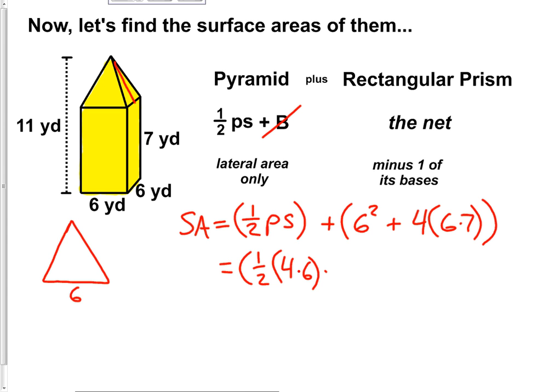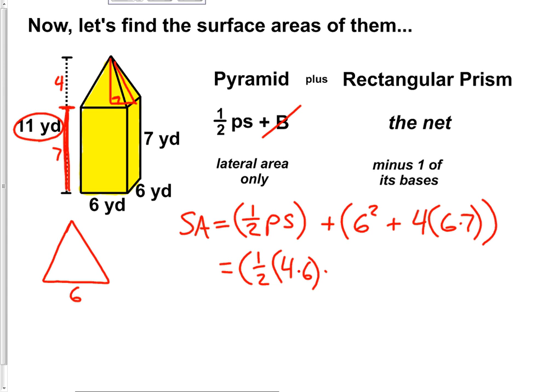I don't have any other information about this triangle other than inside of the pyramid. We can probably figure out what's going on with the height inside of there. We know that on this measurement right there, we have 7 units, and the overall measurement is 11.